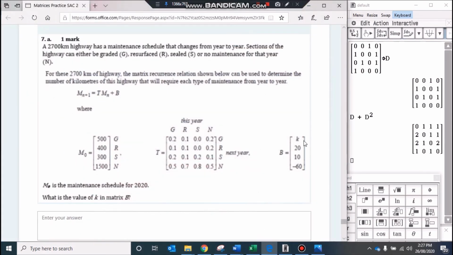So similarly, if we're not actually adding any kilometers of highway, these numbers have to add to 0. So k plus 20 plus 10 minus 60 equals 0, and you can probably think about it in your head: k is going to need to be 30 for that to work out. K is equal to 30.